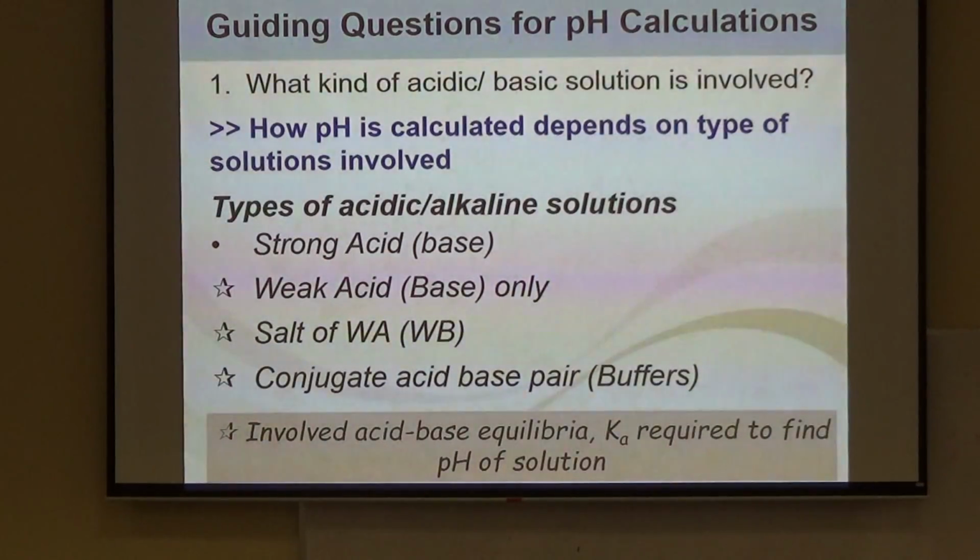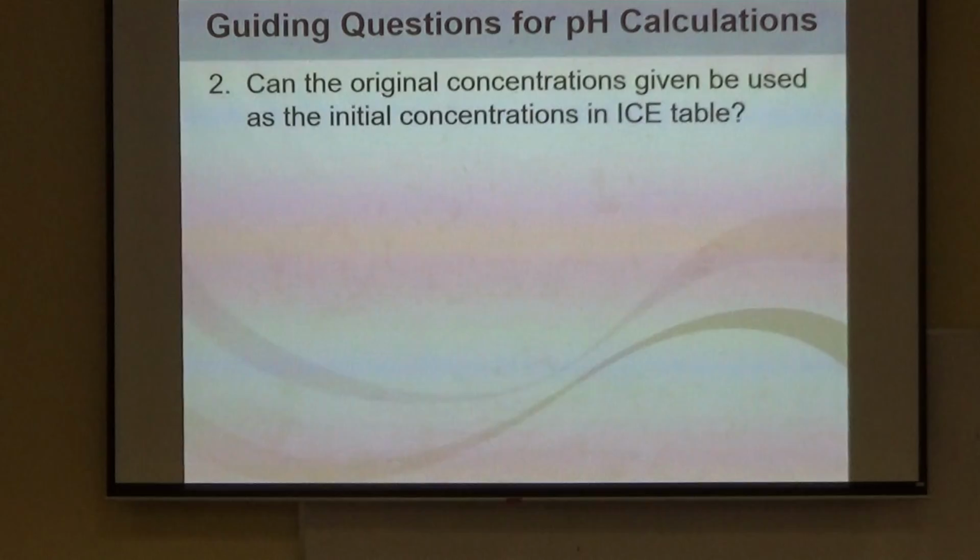The ones with the star, you need either the Ka or the Kb to solve. Now, should you just use the original concentrations?